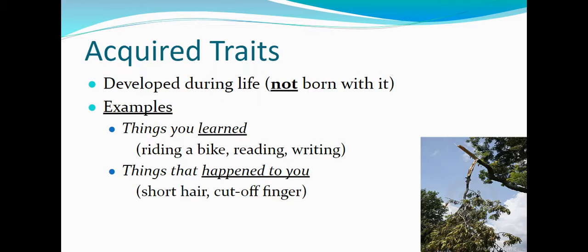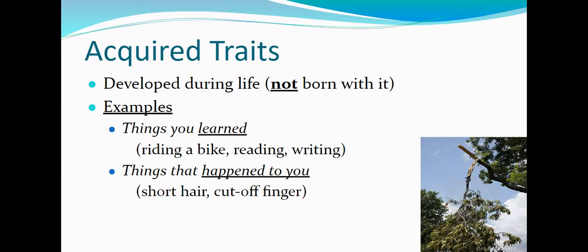Were they born with it? That is a good indication to ask yourself, is it something that they were born with? Okay. If it's not, then it is an acquired trait. Some examples of those things would be learning how to ride a bike, read, or write. You aren't born knowing how to do those things, they were taught to you.